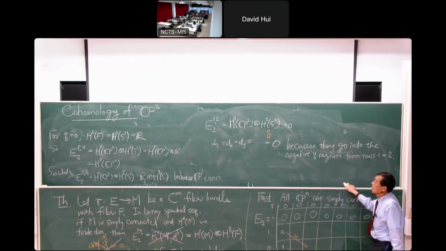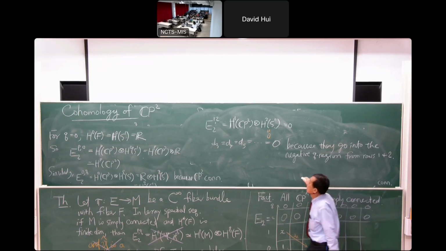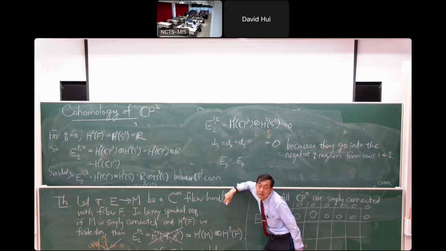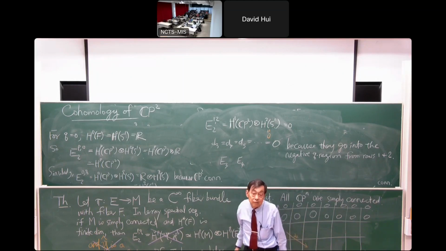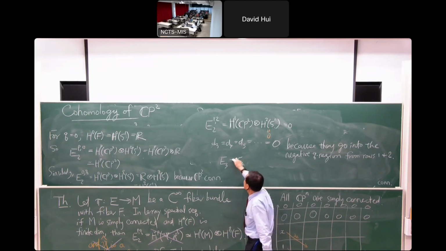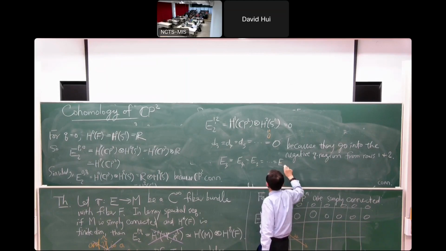And okay, so if D3 is 0, well, what can you say about E4? E4 is the cohomology of E3, right? But D3 is 0. If the differential is 0, then the cohomology is the same as the original complex. Okay, so E3 equals E4 equals E5 equals E infinity.